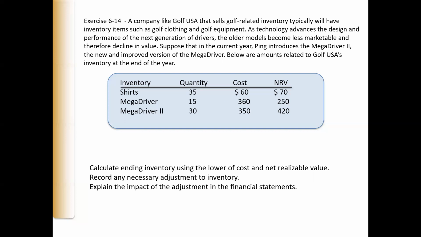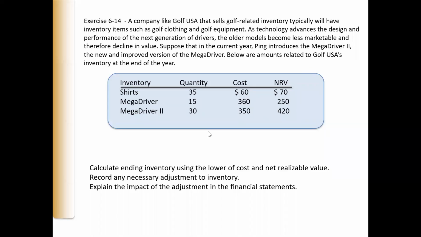Below are amounts related to Golf USA's inventory at the end of the year. Calculate ending inventory using the lower of cost or net realizable value. Record any adjustments to inventory and explain how this affects the financial statements. I'll give you 5 minutes to attempt this, okay? Okay, let me pause.